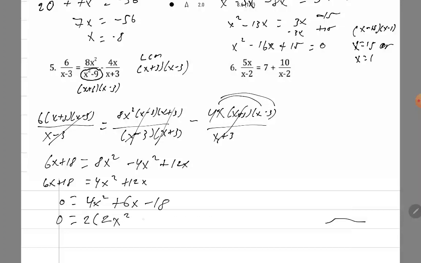So I'll get 2x squared plus 3x minus 9. And this will factor into 2x minus 3, x plus 3, because 2 times 3 is 6, minus 3 is 3. Yep.